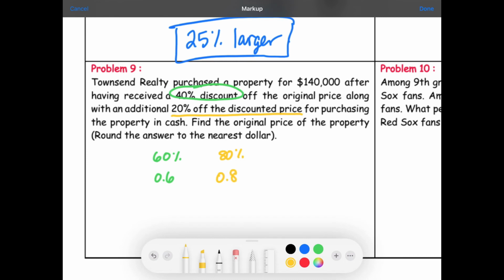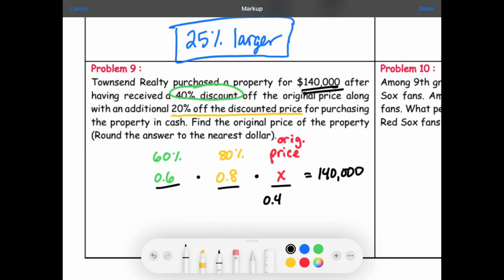So we could do 0.6 times 0.8 times the original price, which we don't know. So let's call that x. So if I multiply those three together, I come up with the final selling price, which is $140,000. So 0.6 times 0.8 is 0.48, 0.48x.